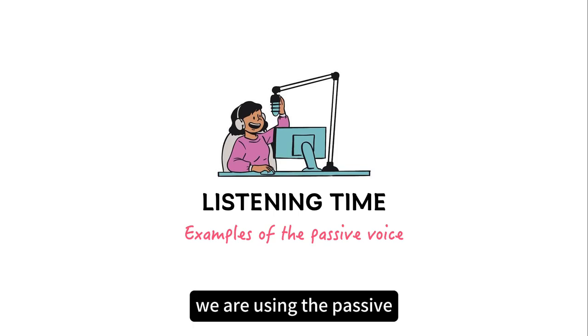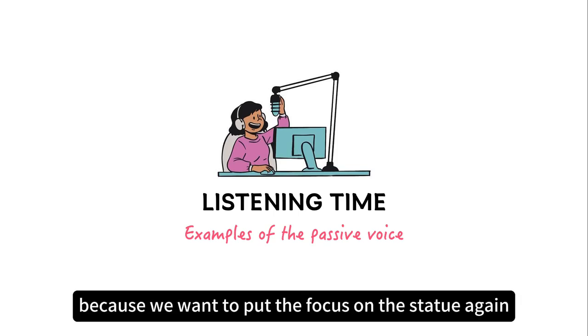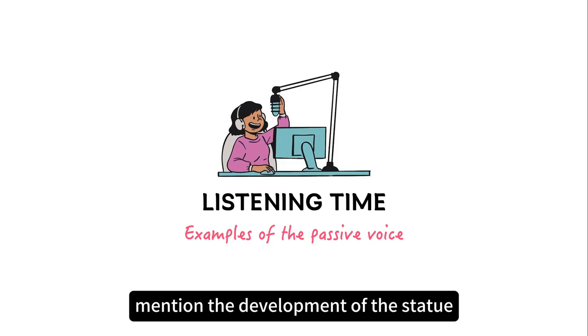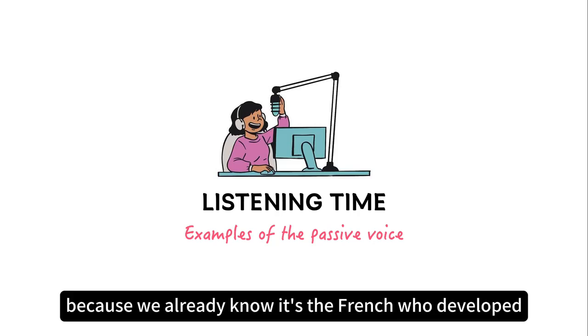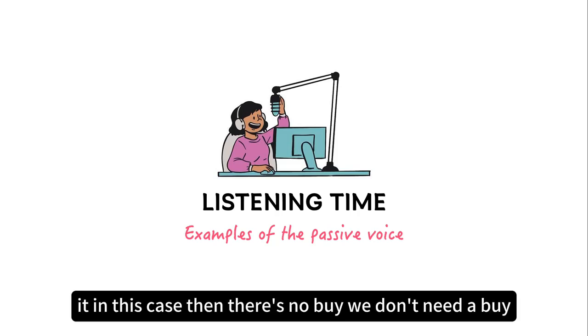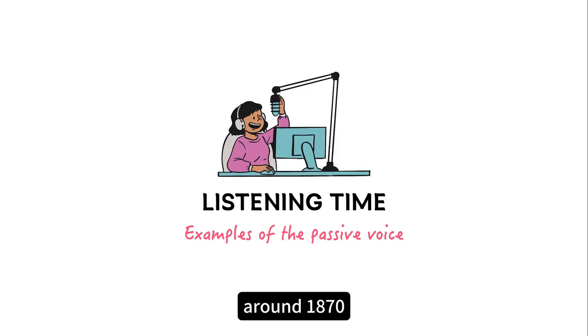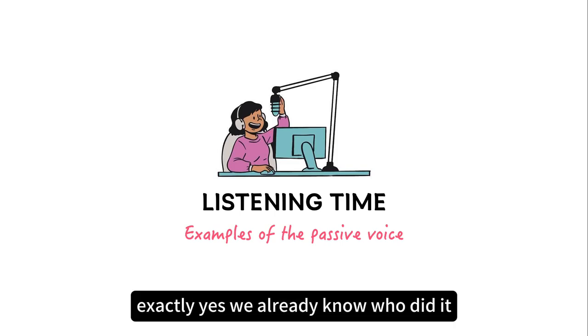Here we are using the passive because we want to put the focus on the statue again. Here we don't even mention the development of the statue because we already know it's the French who developed it. In this case, then, there's no by. We don't need a by. The idea for the statue was developed around 1870. Exactly. Yes, we already know who did it.